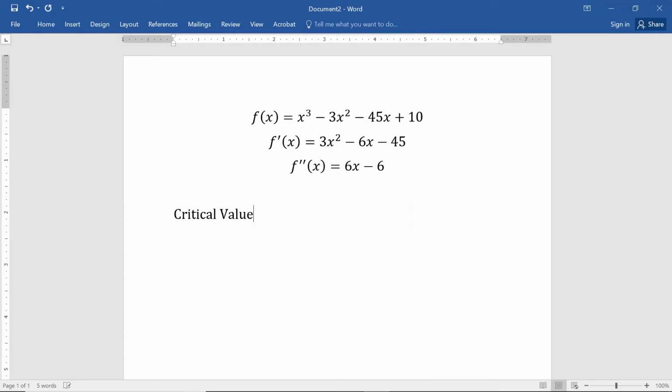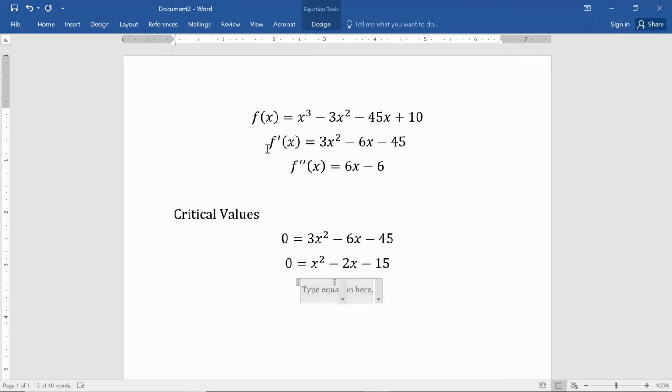If I'm looking for critical points, I first need to find the critical values. I do that by setting my first derivative equal to 0. I'm going to divide both sides by 3. I can factor the right-hand side into x minus 5 multiplied times x plus 3.